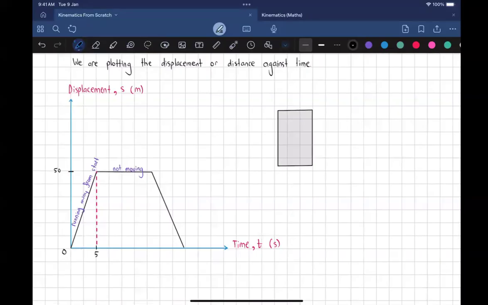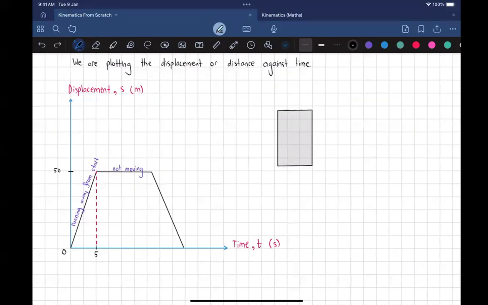What was his maximum distance? How far was the furthest the runner reached? 50 kilometers. What's the unit here? Oh, sorry, 50 meters. Correct.